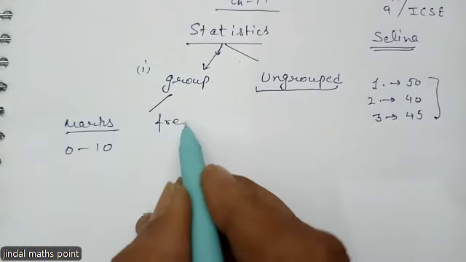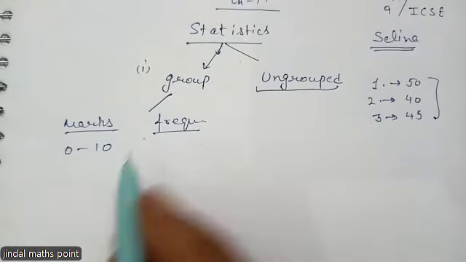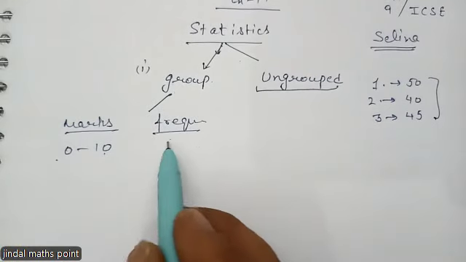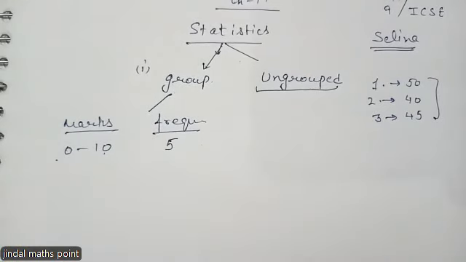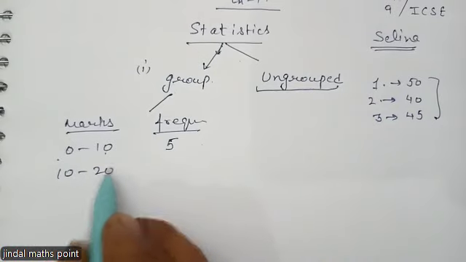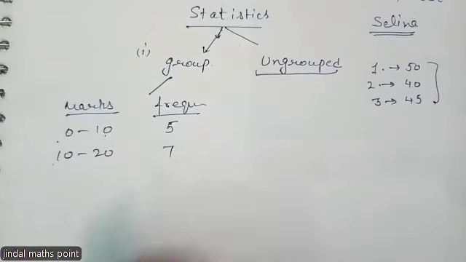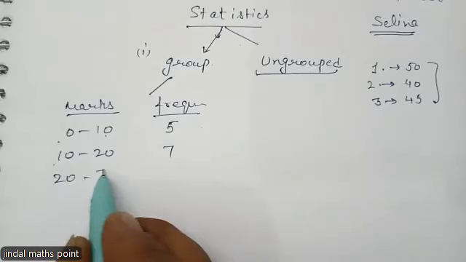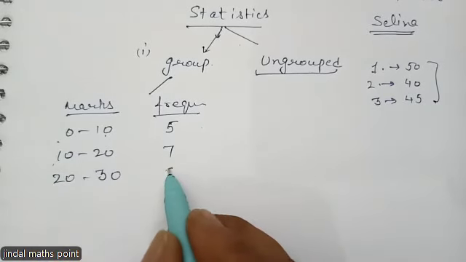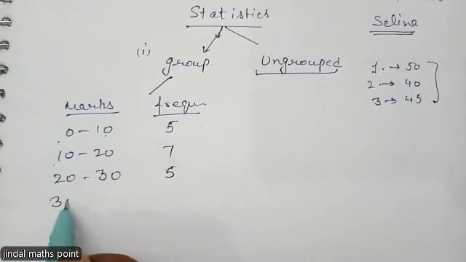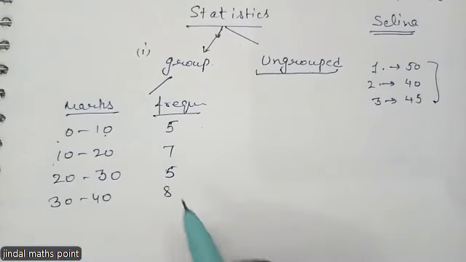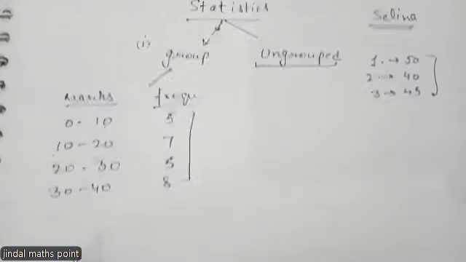That is called frequency. How many students score 0 to 10? Suppose there are 5 students. 10 to 20 marks, suppose 7 students, 20 to 30, and so on. 30 to 40, suppose 8 students. This is a frequency.